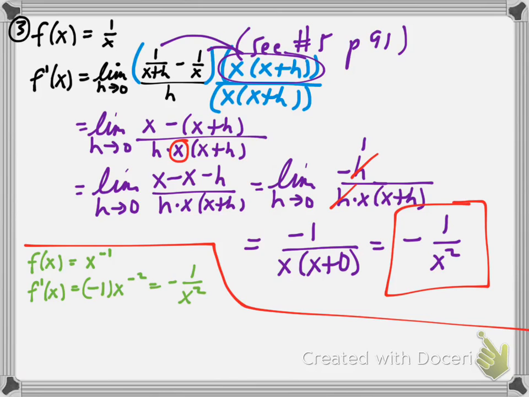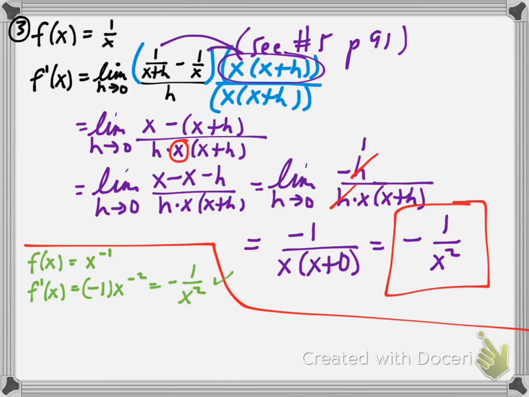So you're allowed to do that to check. You know how to do this using the power rule, and I'm just asking you to make sure you remember how to use the definition of the derivative to find the derivative of a function.